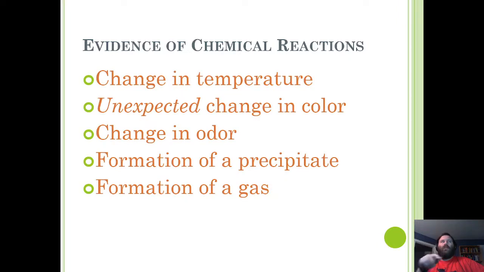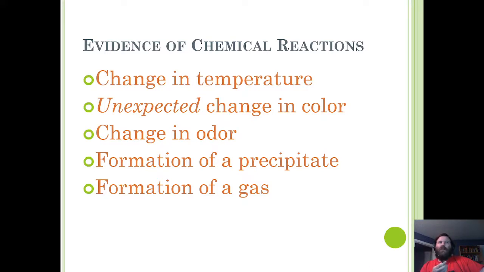So this is a little bit of review from Unit 1, but evidence of chemical reactions include a change in temperature that is caused by the reaction itself. Remember, melting something is not a chemical reaction because the heat required is coming from outside, and even then, remember, temperature doesn't change during a phase change.